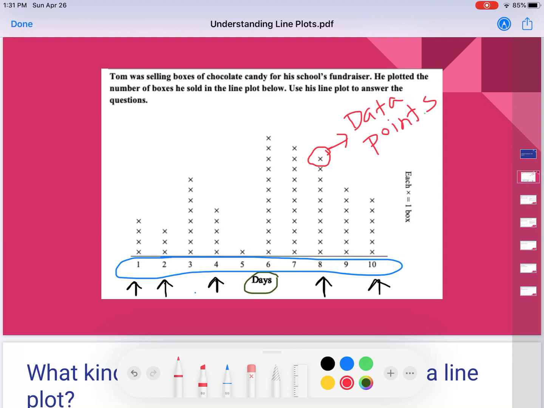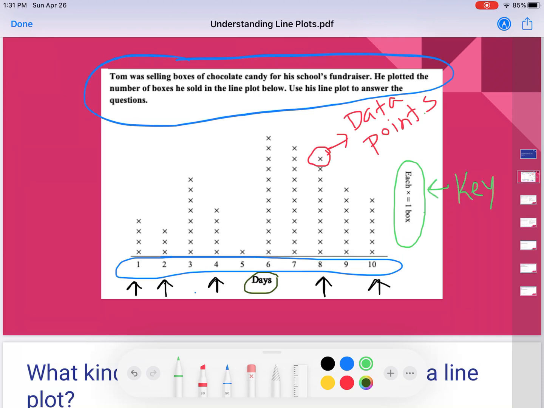To get more information about data points, you sometimes have to read descriptions, like the one here. However, you can also sometimes have access to a key, which we have on this one. The key will often tell you what each of your data points represents.